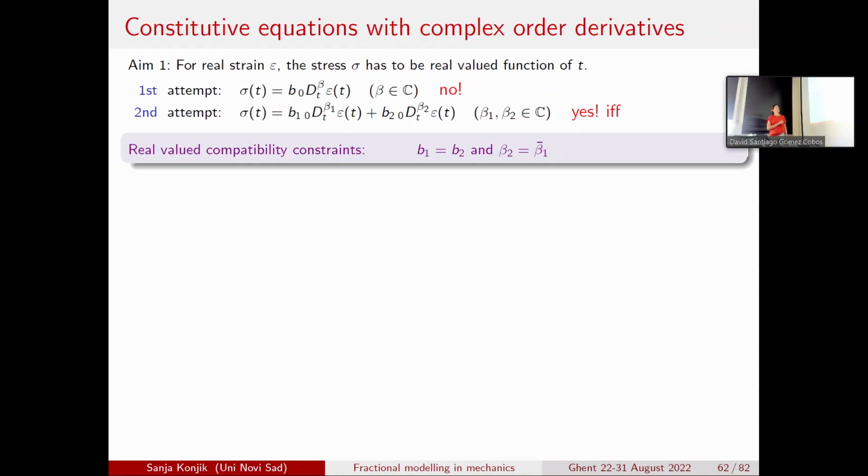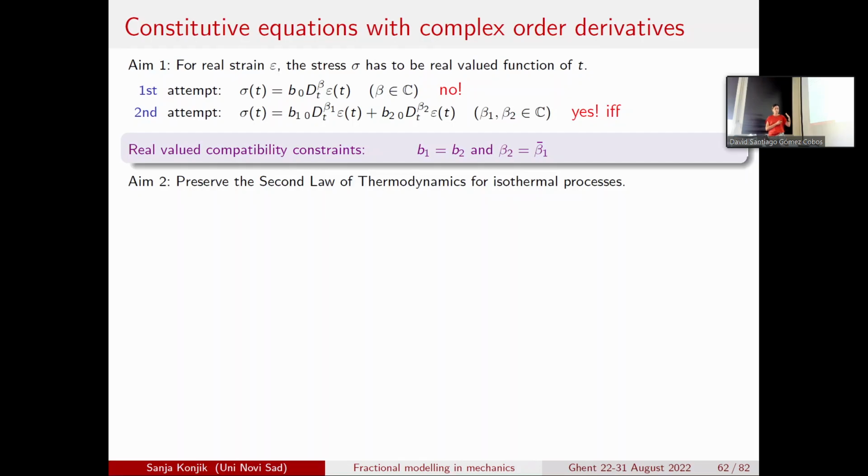Okay, and then the next question is what the thermodynamical restrictions would be for such an equation. Meaning, if we go again through that Bagley-Torvik procedure, and I will repeat it here. The procedure tells you that you should apply the Fourier transform to your constitutive equation, define the complex modulus, and then examine the real and imaginary part of that complex modulus.